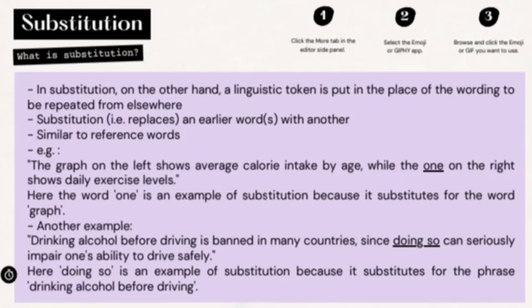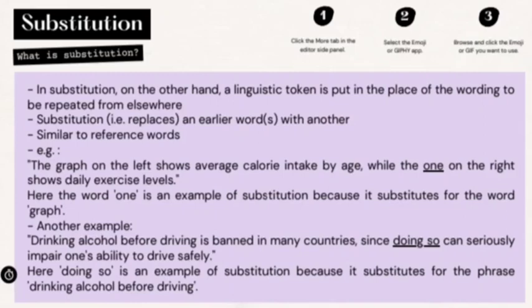The graph on the left shows average calorie intake by age, while the one on the right shows daily exercise level. Here the word one is an example of substitution because it substitutes for the word graph.